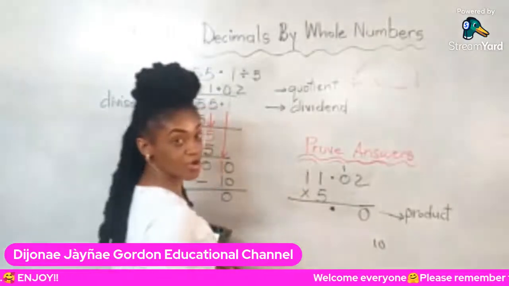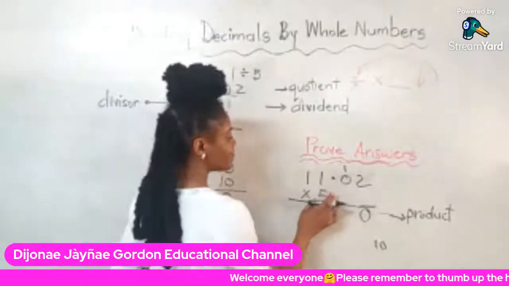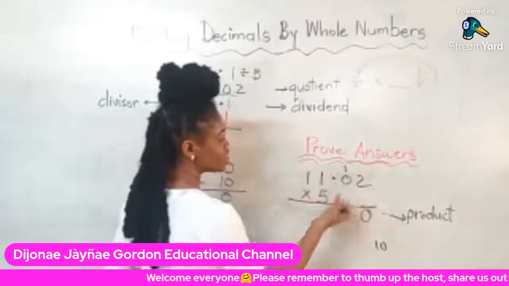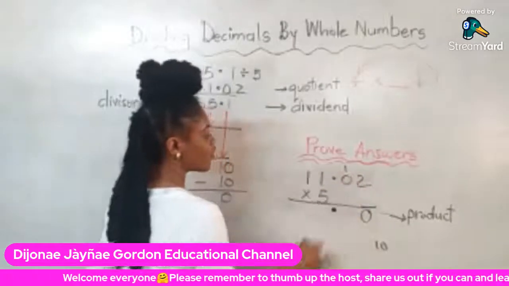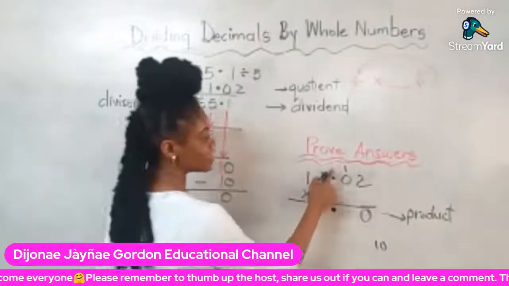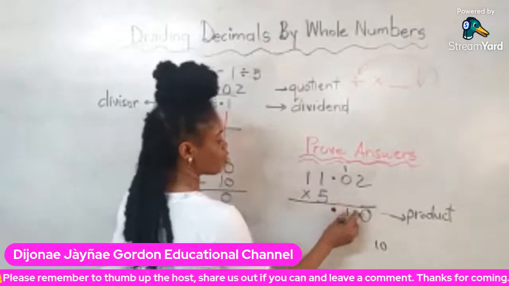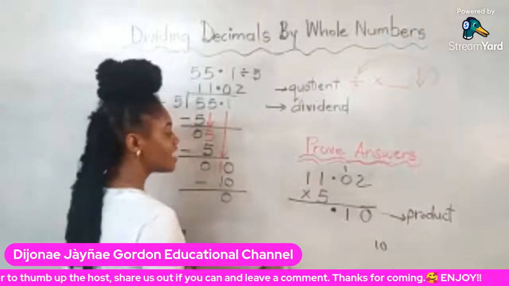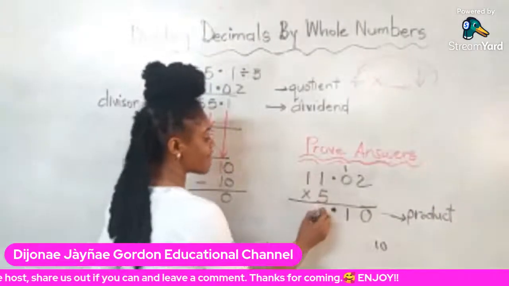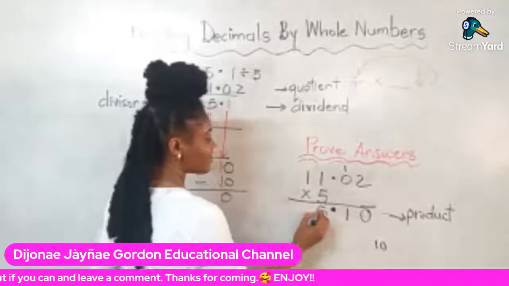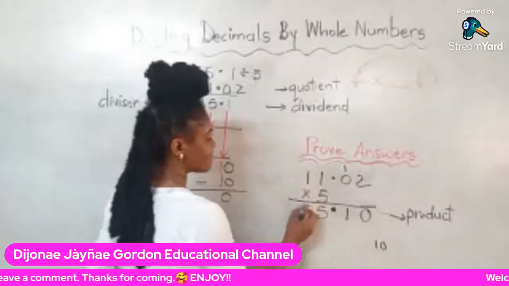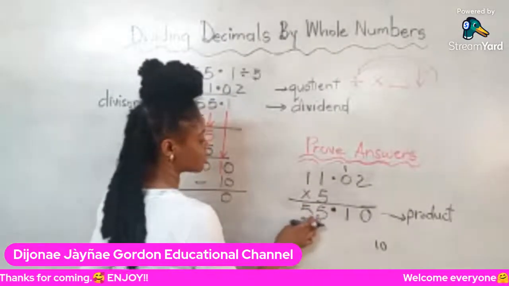And now we are going to multiply 5 by 0 or 0 by 5. And of course, we are going to get 0 plus this 1 that we carried, 1. Then we're going to have 1 multiplied by 5, 5. And 1 multiplied by 5, of course, that is 5 as well.